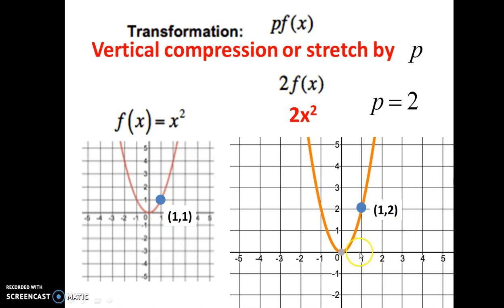But now an x value of 1 creates a y value of 2. That point has been stretched or pulled up by multiplying by 2. Another point here is 2, 4. So that point will now be 2, 8 because the y value is doubled. And that one we don't even see on here, but 2, 8 will be somewhere up here.